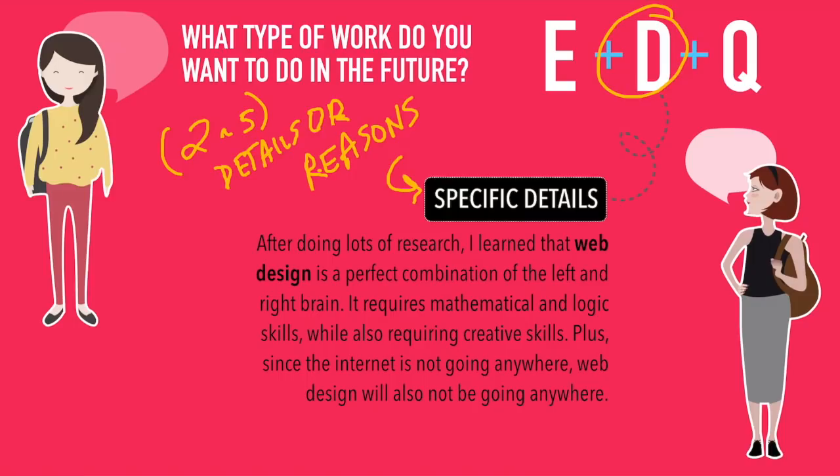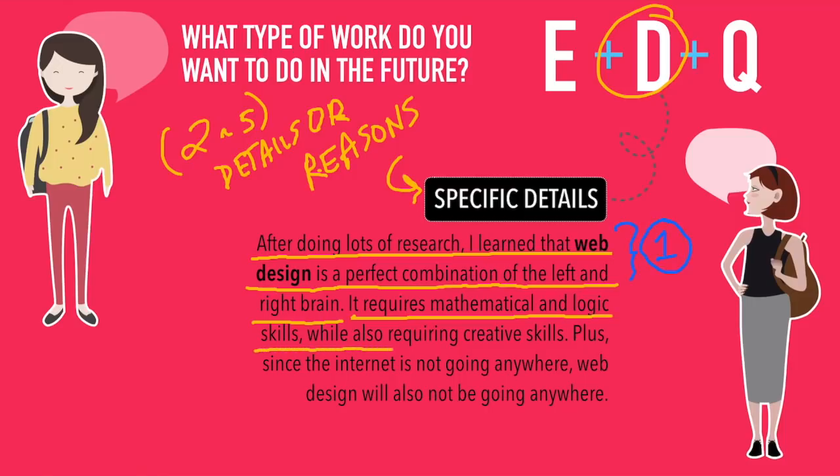Here we go. After doing lots of research, I learned that web design is a perfect combination of the left and right brain. All right, so that's our first piece of information or first detail. Let's keep going. It requires mathematical and logic skills while also requiring creative skills.